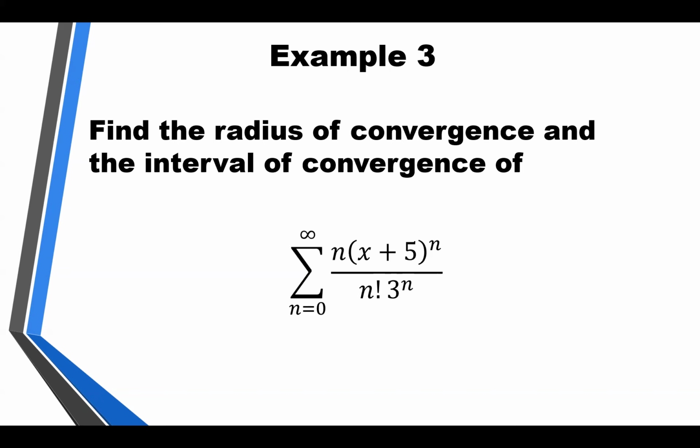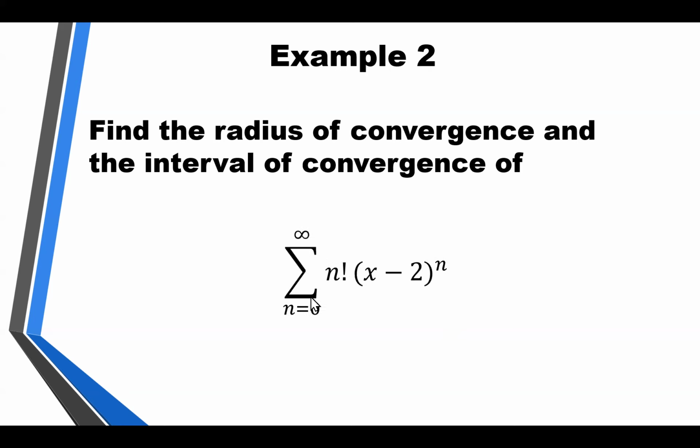And if I take a derivative of this power series, it still converges at all x values. If I take the antiderivative of this power series, and that's any antiderivative, then it will also converge for all x values. This one converged only at x equals 2.